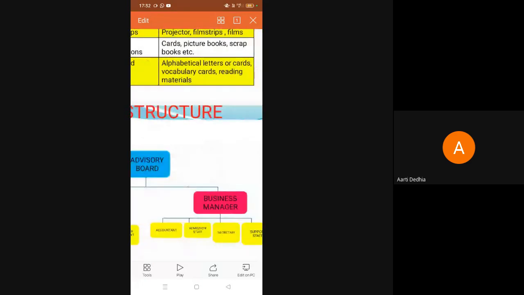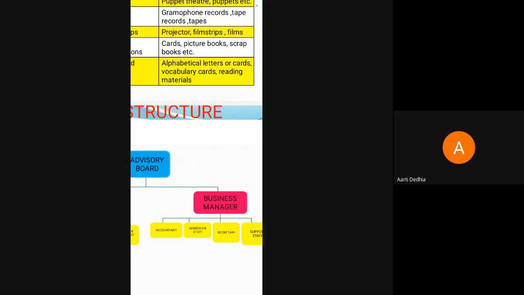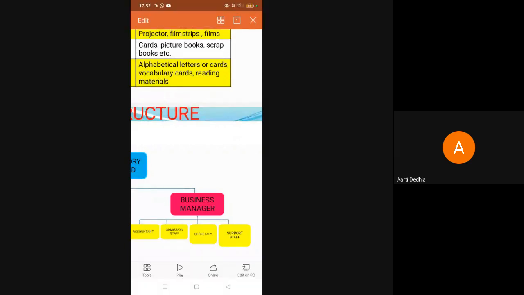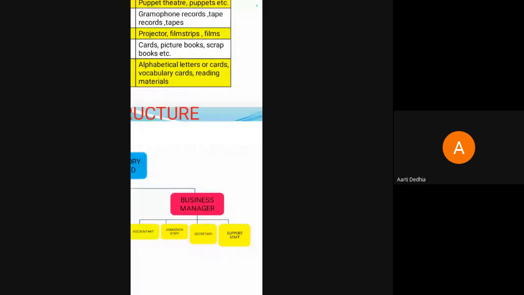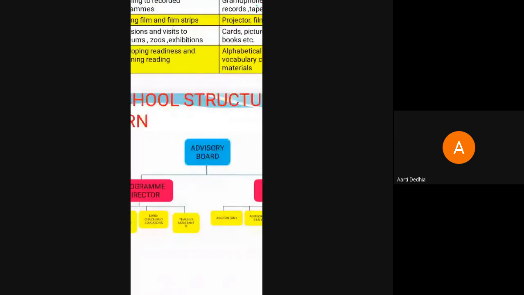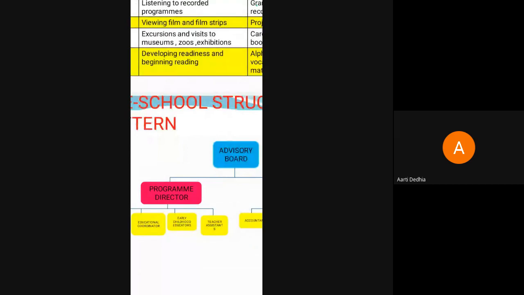And for the help of the business manager, the accountant, and second is admission staff, and next is secretary, and other is support staff. These members are for the help of the business manager. So this is the structure of preschool. Okay.